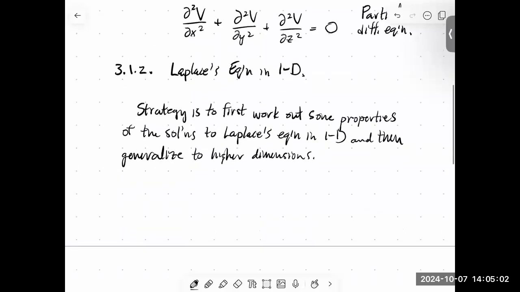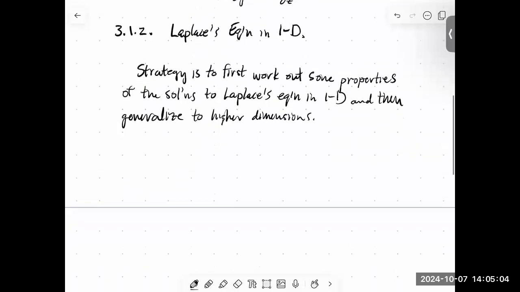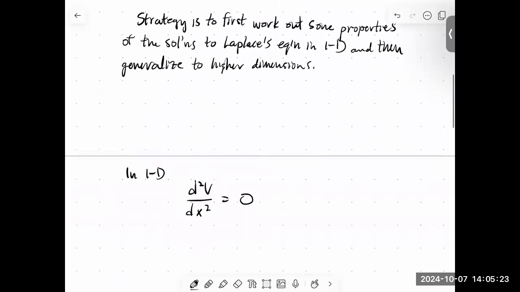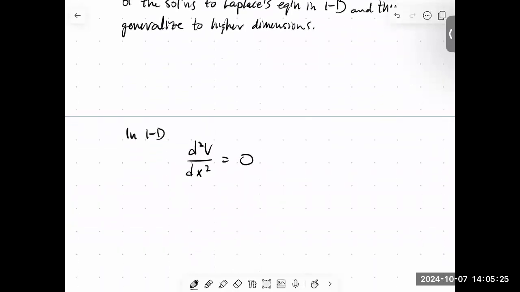All right. So in 1D, our partial differential equation becomes just an ordinary differential equation. It's second order, so we have to take 2 derivatives, but that's what we're trying to solve. So we integrate once, and the integral of 0 with respect to x is just a constant. I'm going to call that constant m.